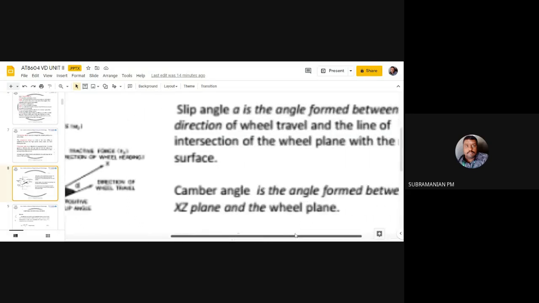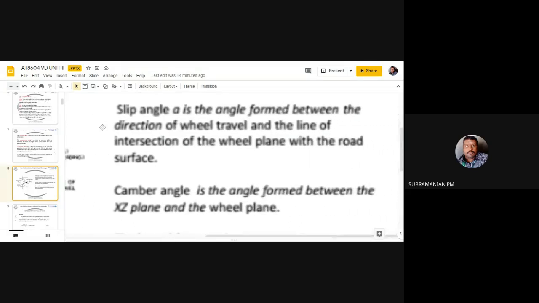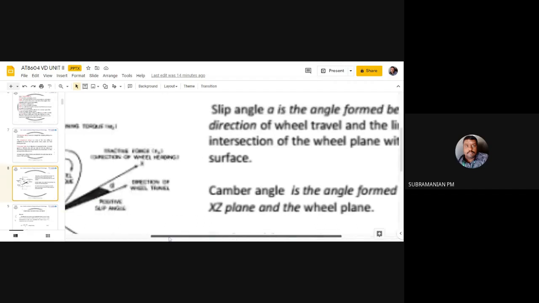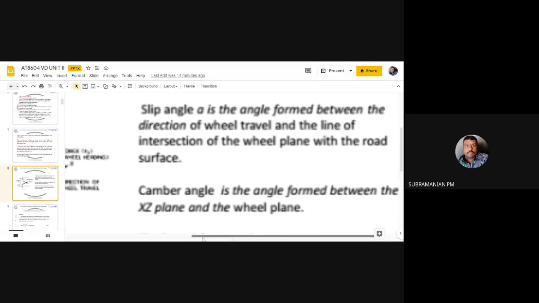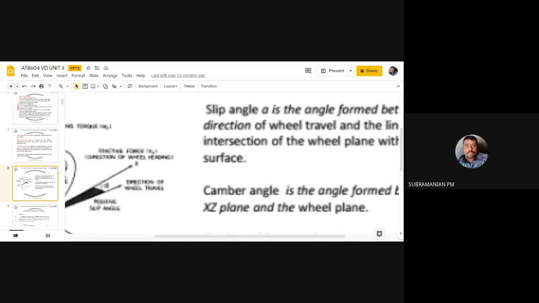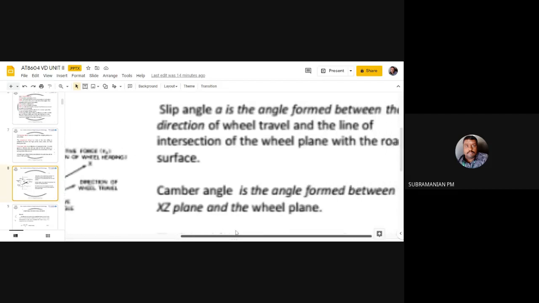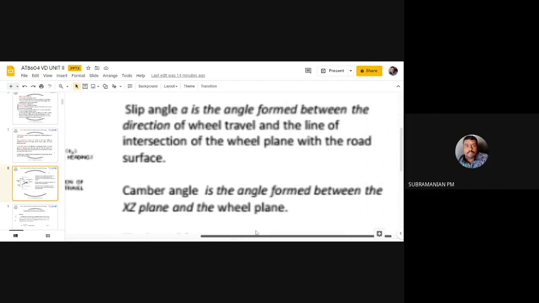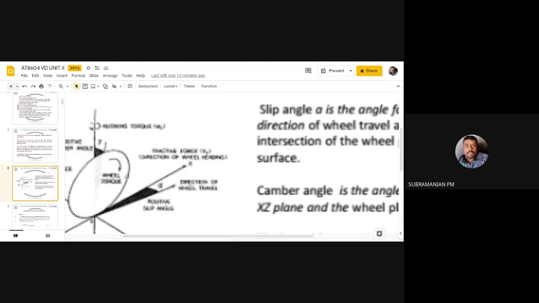Please go through. Now I'm going to define this slip angle. You might have seen it in the sketch. The technical explanation: there is an angle between the direction of wheel travel and the line of intersection of the wheel plane with the road surface.